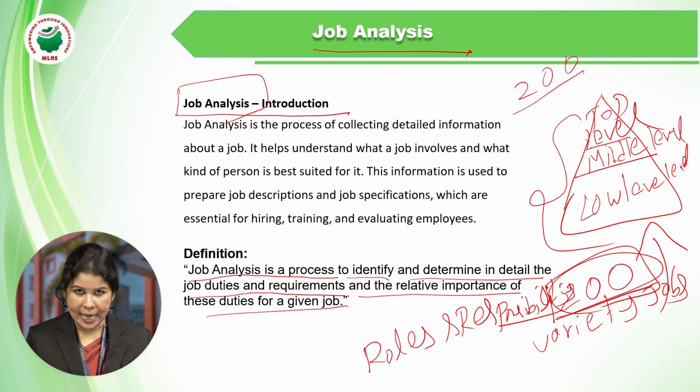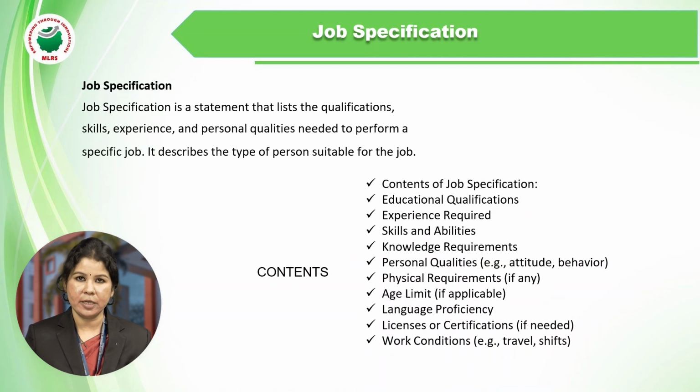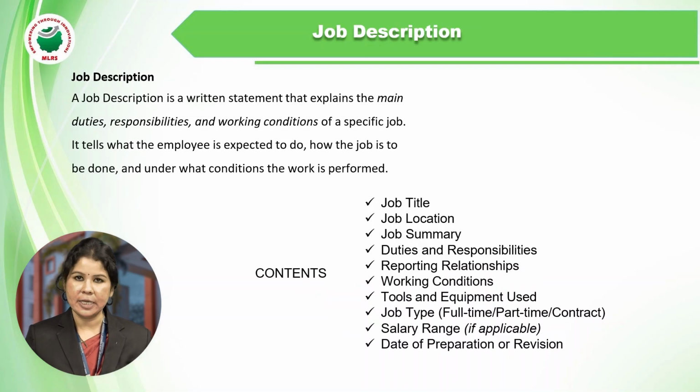So let us have a glance at the contents of job analysis. Job analysis is divided into two types: job description and job specification. That means we collect information in two ways, in two methods. The first method is job description.